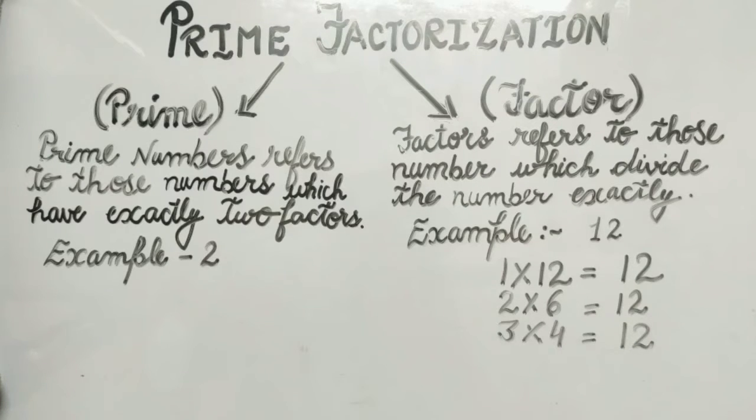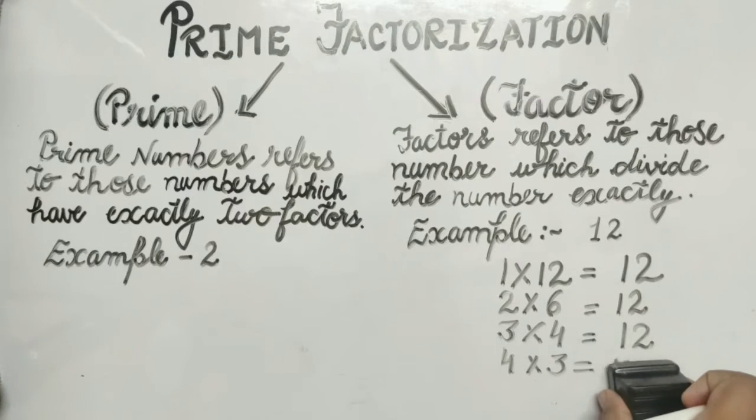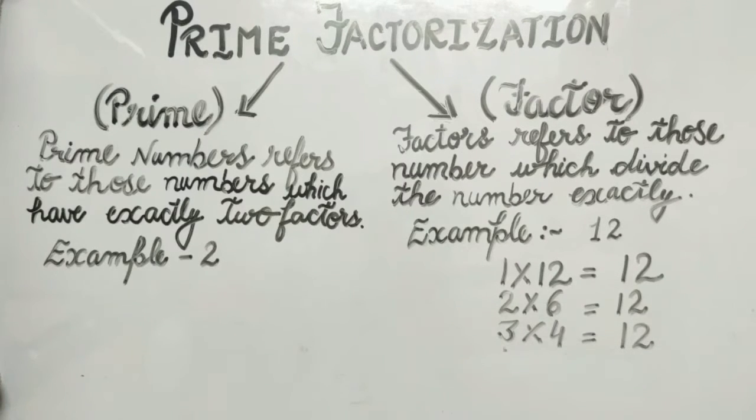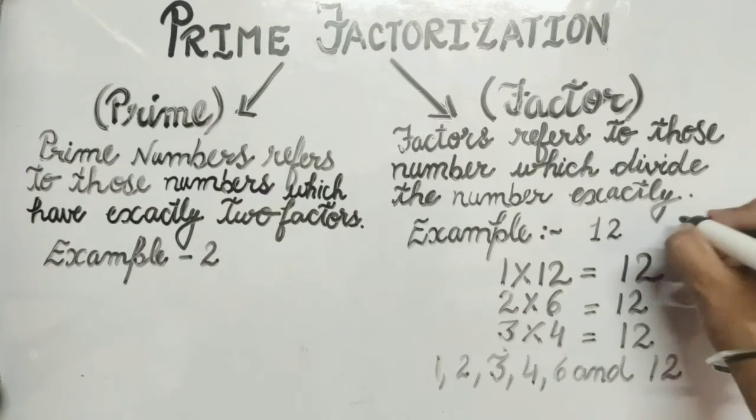After 3, students, what comes? 4. 4, 3s are 12. Students, factors are repeating, so we will stop here only. Clear? So the factors of 12 are 1, 2, 3, 4, 6 and 12.